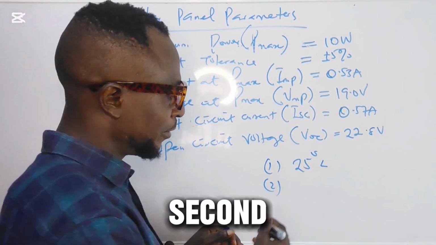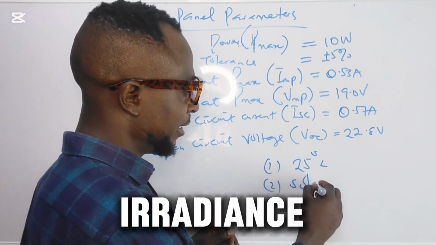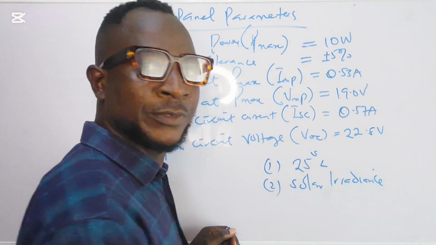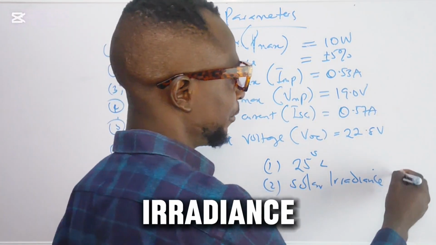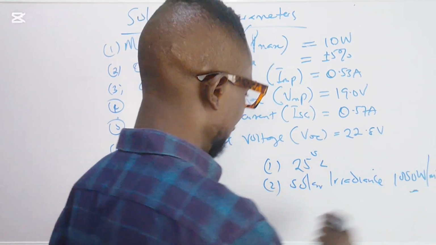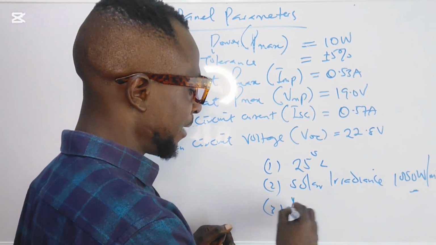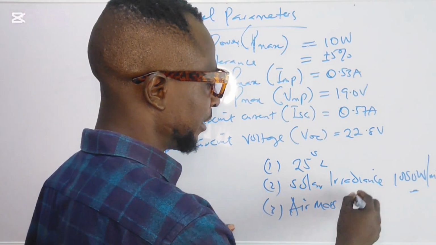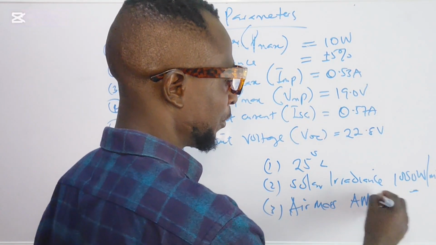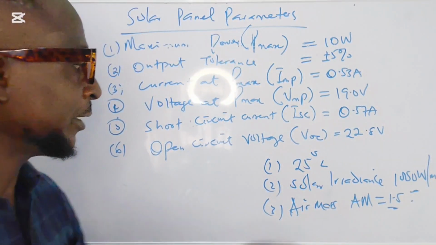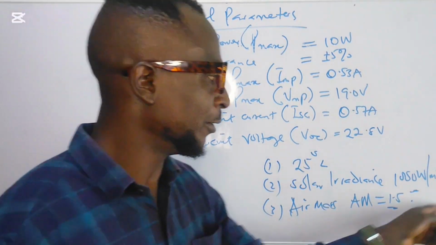The second one is solar irradiance of 1000 watts per meter square. The third one is air mass ratio, that is AM, of 1.5. So these are the standard test conditions.